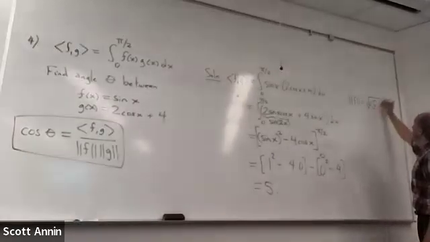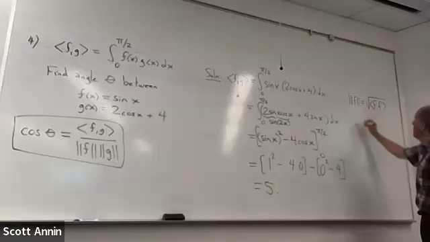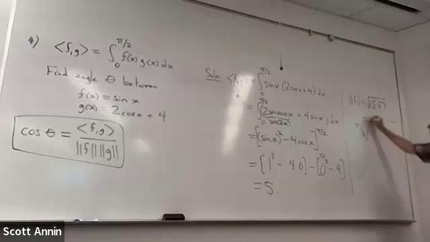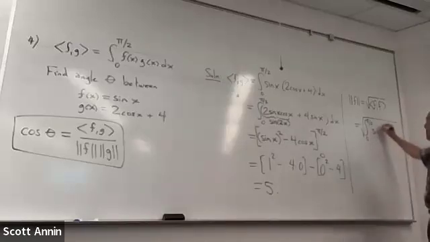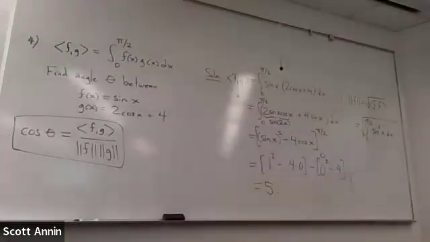Okay, so for the norm of f, I have to take the square root of the inner product of f with itself. That would be the square root of the integral from 0 to pi over 2 of sine squared of x dx, so sine of x times itself.